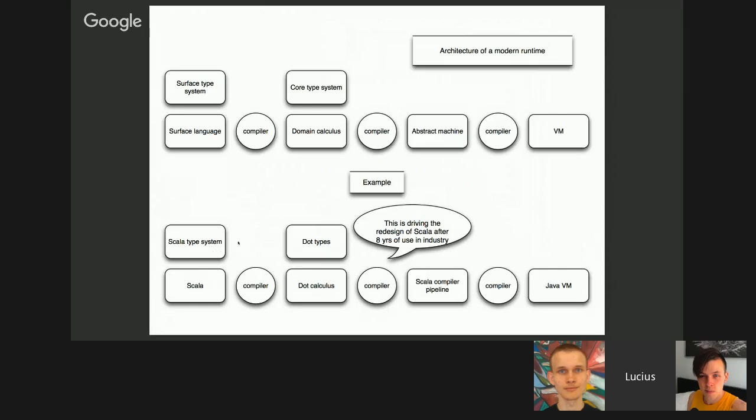So there's a new compiler called Dotty, which takes Scala to a dot-based IR, and then the vestiges of the abstract machine are in the Scala compiler pipeline, and the final VM is the Java VM in this case. That's a little bit more of a modern use.